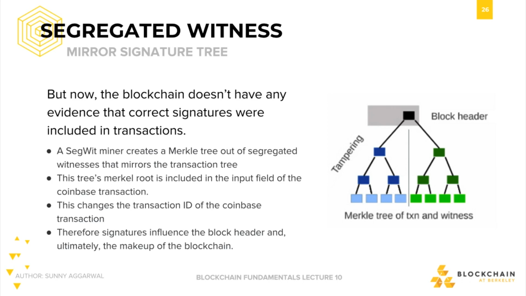And now the root of the signature tree can be an input to the Coinbase transaction of the miner, and that is all included in the block. So anyone who wants to in the future can re-verify everything. Of course, not all miners have to do it. This is only for those who strongly believe that they have to have some way to re-verify all these signatures. Questions so far?